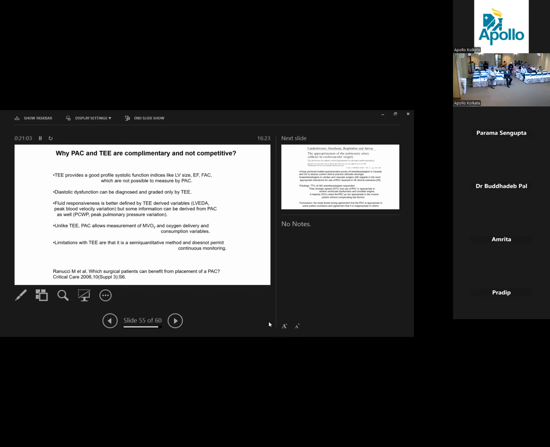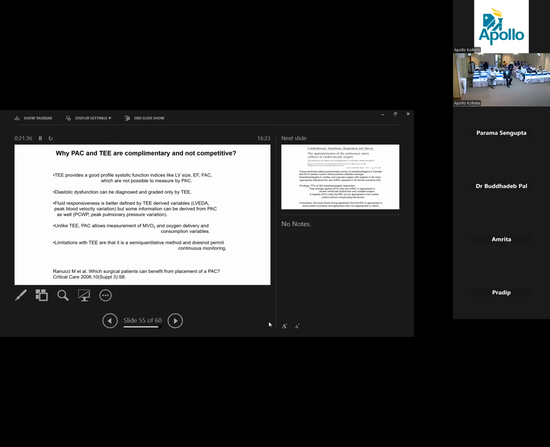TE provides a good profile of systolic function, like LV size, ejection fraction, and FAC, which are not possible with PA catheters. Diastolic dysfunction can be diagnosed and treated only by TE. Fluid responsiveness is better defined by TE derived variables, though some information can be derived from PA catheters as well, like pulmonary capillary wedge pressure and peak pulmonary pressure variations.